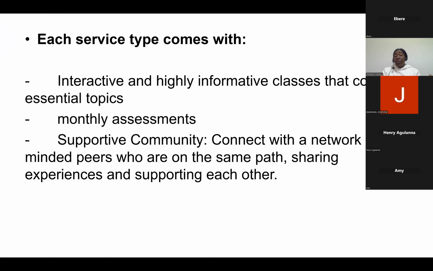We're also going to solve past questions, especially for those professional exam classes. We'll solve extensive past questions that will get you familiar with the exam. For those groups, we are going to have monthly assessments. At the end of every month, we do assessments and give feedback. Then you'll be opportune to be in a community of like-minded people.